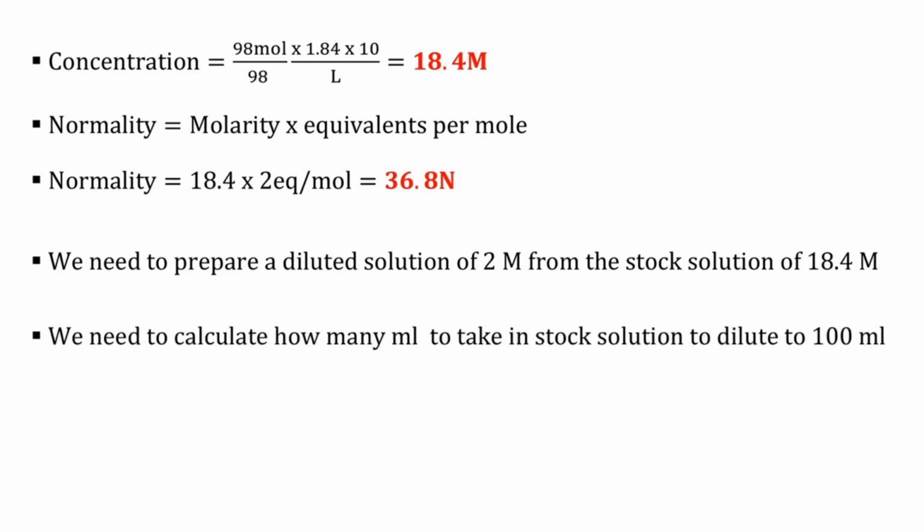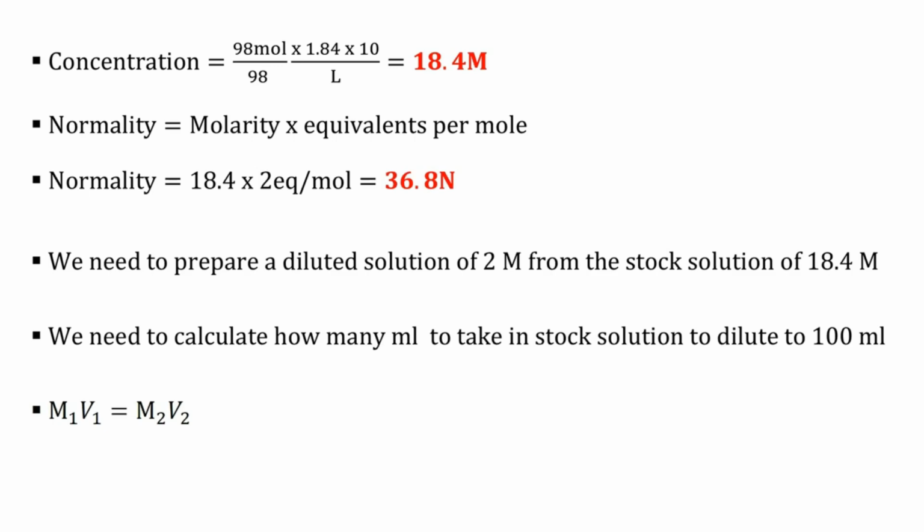So we need to calculate how many milliliters to take from the stock solution to dilute to 100 milliliter. For this, we use the formula M1 V1 equal to M2 V2, where M1 is the molarity of the stock solution, V1 is the volume of the stock solution we need to pick, M2 is the molarity of the solution that we want to prepare, and V2 is the volume of solution that we are going to prepare.